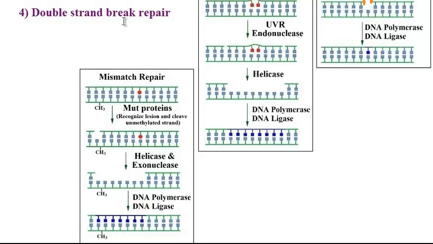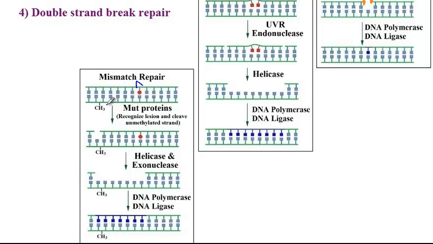Is it this one that is an error, or is it the bottom one? Because let's say here we have A that has paired with G. All right, we know that this is a mismatch, but which one is a mistake? So what happens is that the parental strand has been methylated, right?